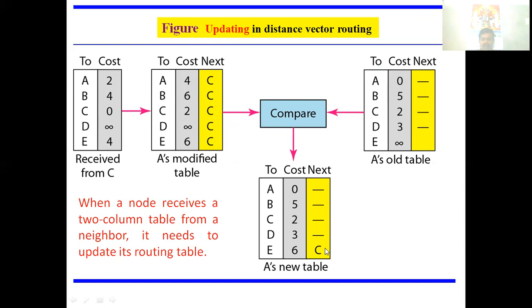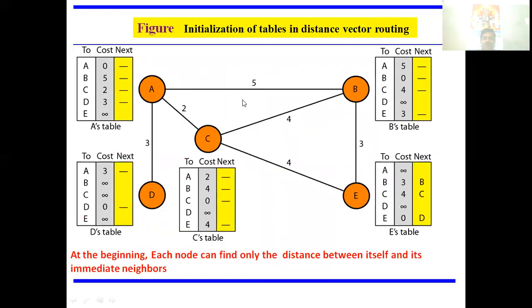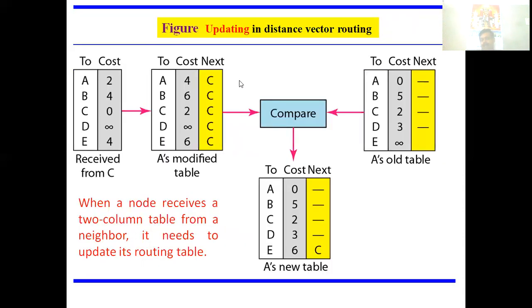So this is the process of distance vector routing. Initially, each node knows only its immediate neighbors. If a particular node is not an immediate neighbor, infinity is put in its place. Second, if a routing table is obtained from a neighbor, first the distance between that neighbor and the particular node is considered.